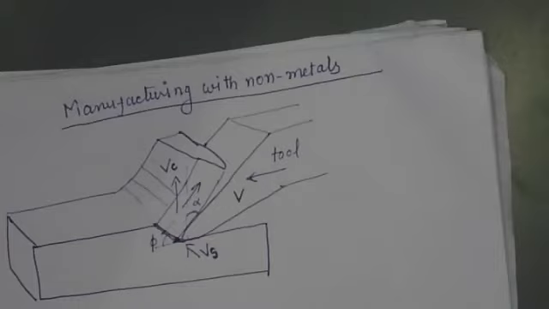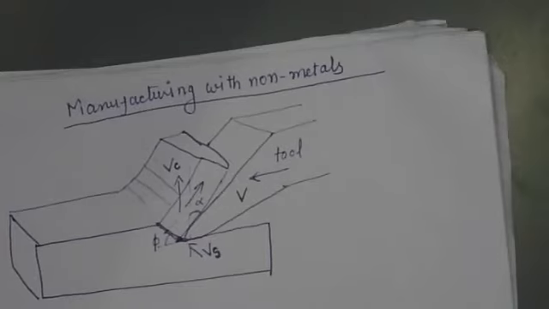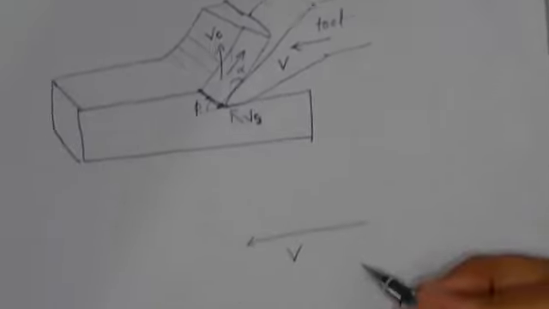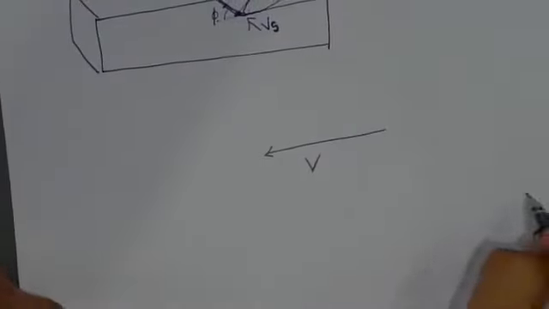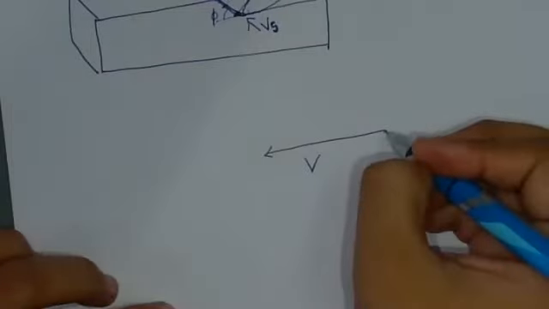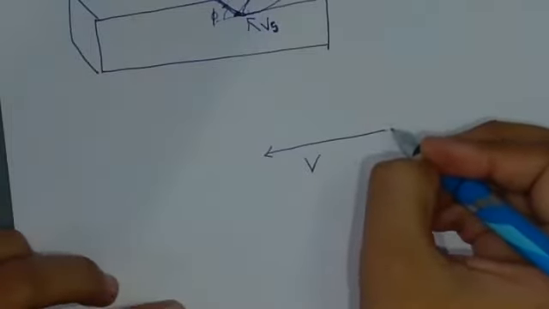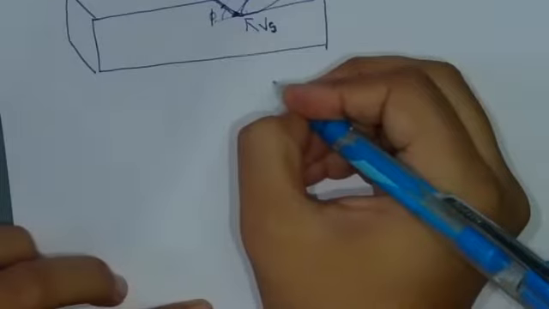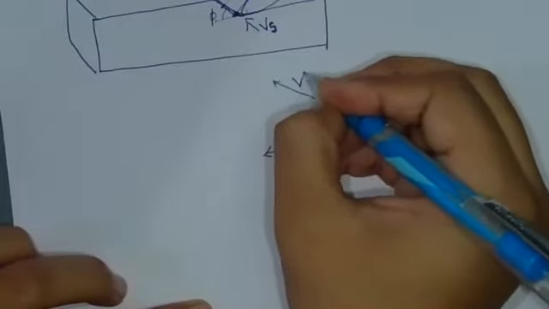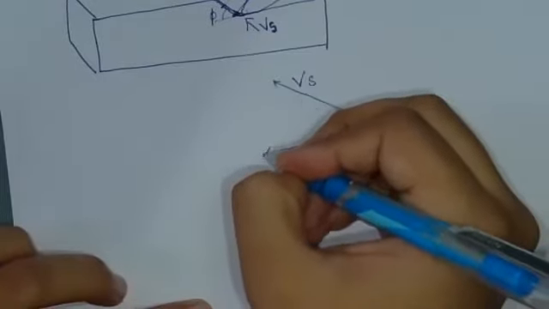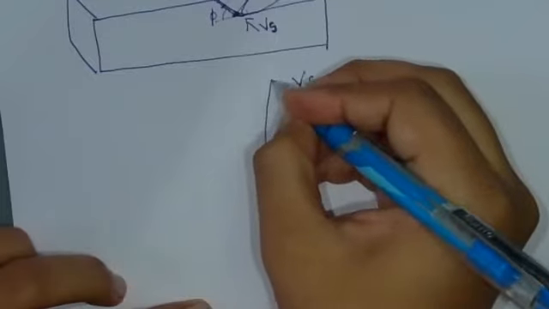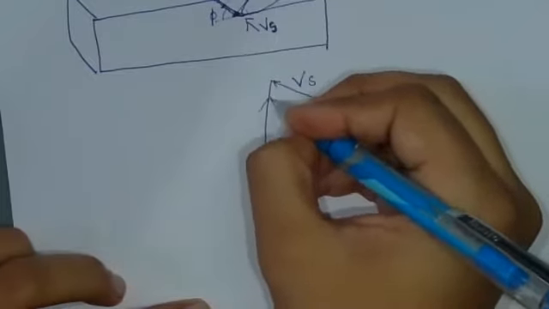So we can say there is a cutting velocity V in this direction, and there is this shearing velocity Vs. Then this triangle must close if the whole system is in equilibrium.